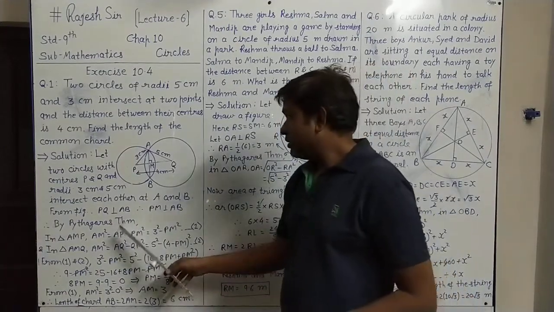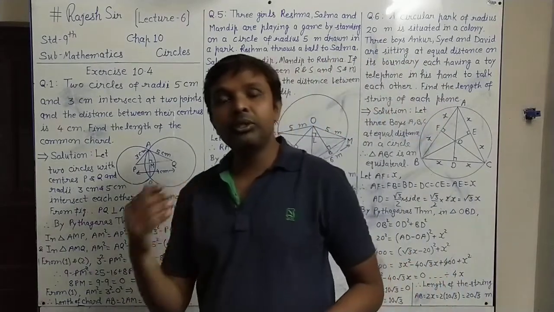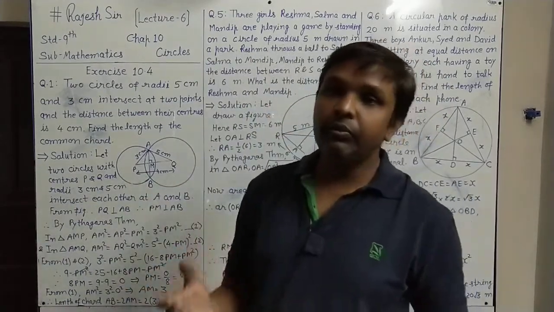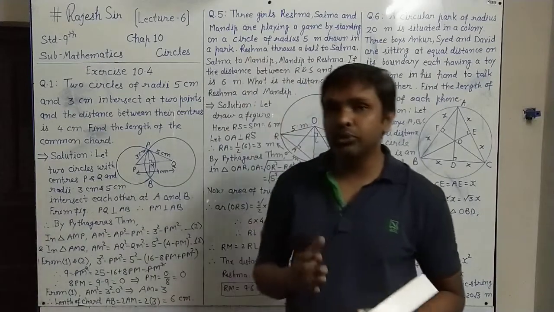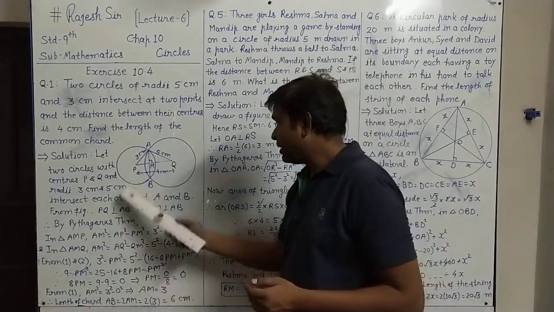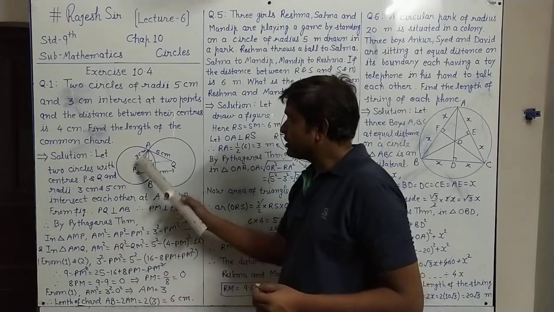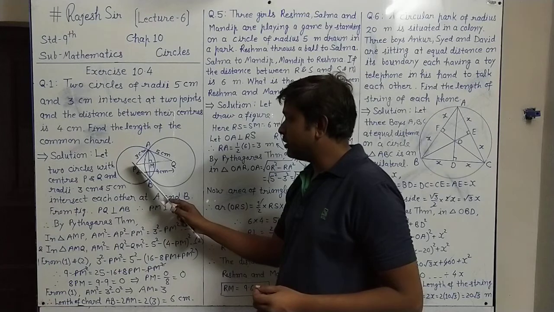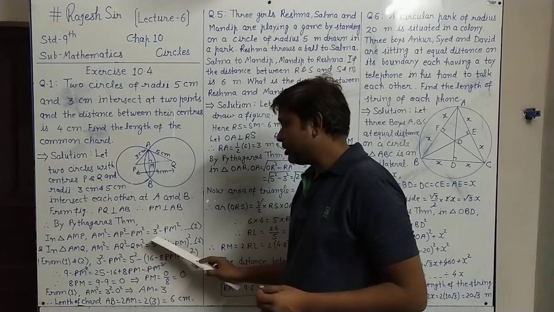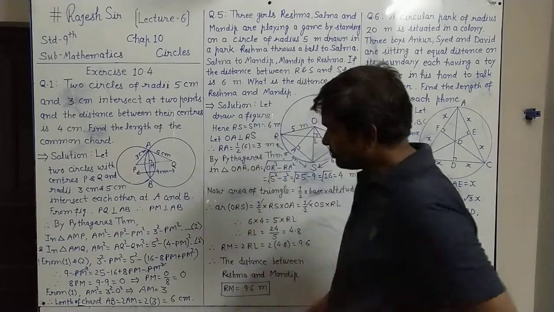Right? As per the Pythagoras theorem, hypotenuse square equals the sum of the squares of the other two sides. And if we want any one side, then hypotenuse square minus other side square we have to do. So hypotenuse is AP square, minus PM square is the other side square. AP is the radius of this circle, so it is 3 square as it is, minus PM square as it is. See result 1.